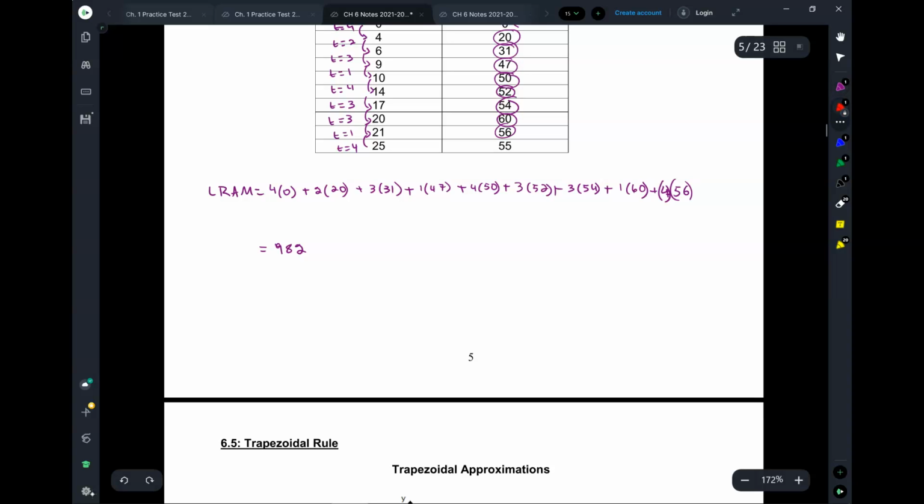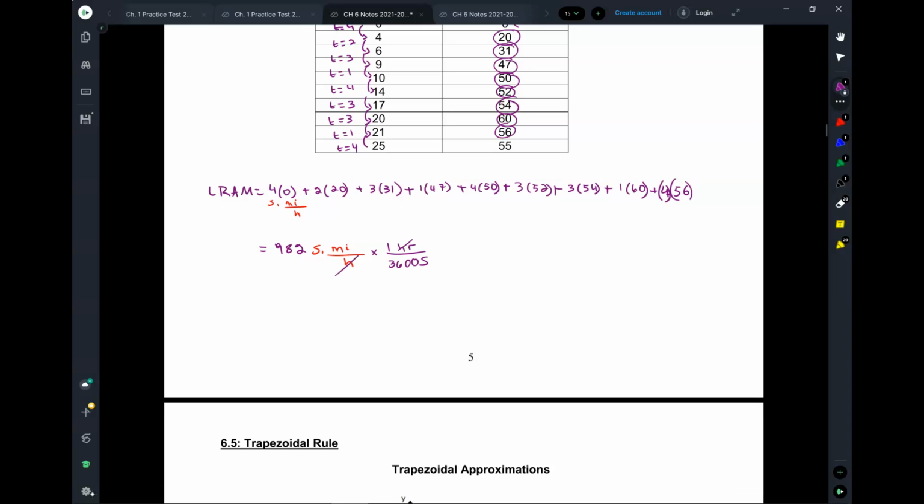Let's talk about units for a minute. This was in seconds, and these were miles per hour. So what I have now is seconds times miles per hour. But I have to convert seconds to hours in order to cancel. 1 hour is 3,600 seconds.